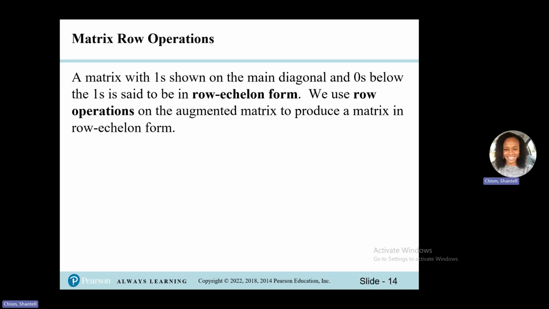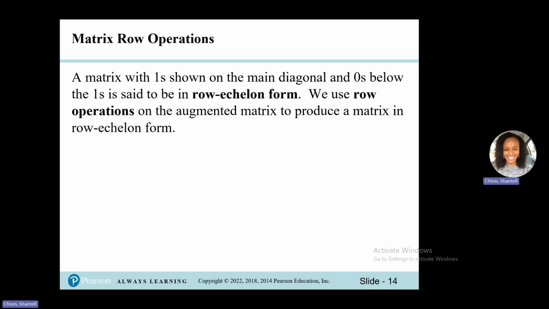Okay. So I want to discuss row operations, but I want to stress to you that this is something that you won't have to do by hand, okay? This is where the calculator is going to be very useful, very important, because if you had to solve a system using row operations, it could get very involved.